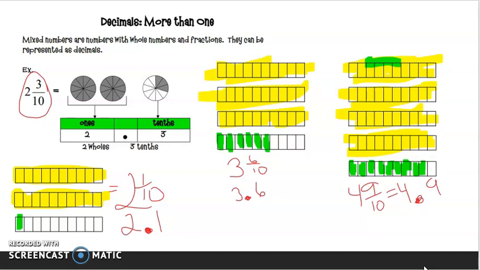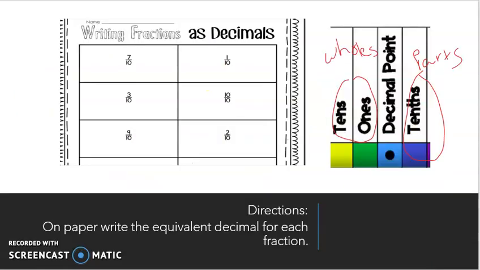All right, it's time for you to practice. So the expectation is you have pencil and you have paper. And what you're going to do is first you are going to write these fractions as a decimal. Write fractions as decimals. You're writing each one of these as decimals. You can use your place value chart to help you.